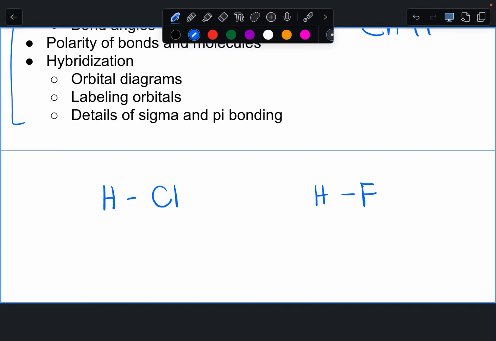That is the same thing as saying which one has a bigger difference in electronegativity. Or another way you could say that is which one, chlorine or fluorine, has the bigger partial negative charge. Okay, all of those things are related. So the place you want to start is the electronegativity.